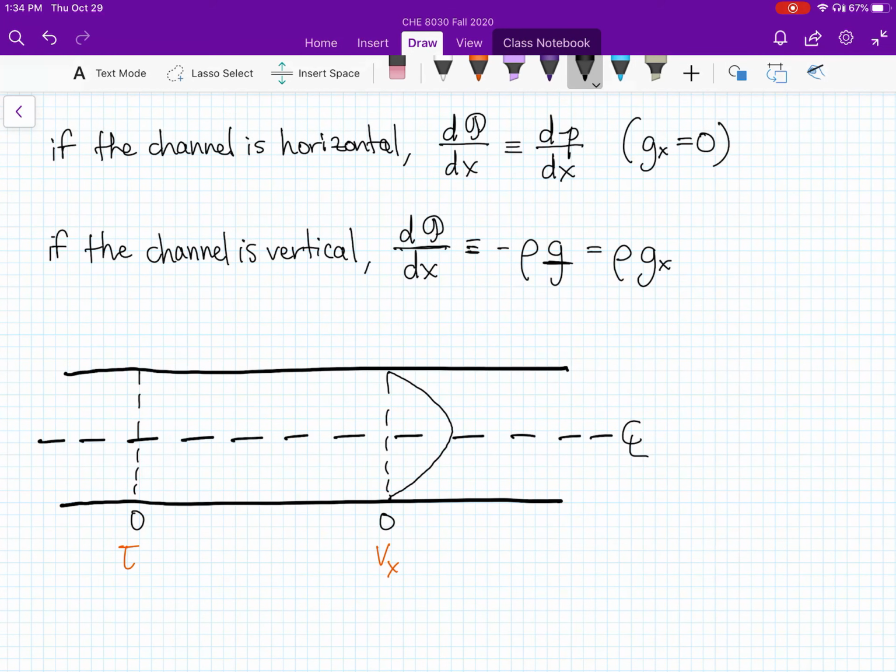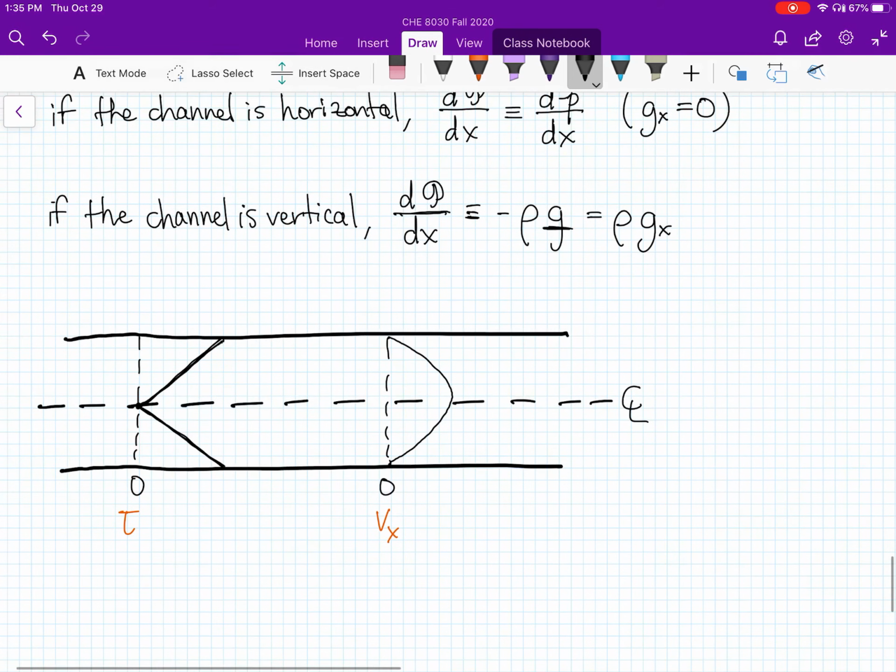For me to have my maximum velocity in the center of the pipe, I need to have my lowest shear stress, and then I have my highest shear stress at the wall of the channel, where again those are straight lines. So that is my shear stress profile and my velocity profile for this particular scenario.